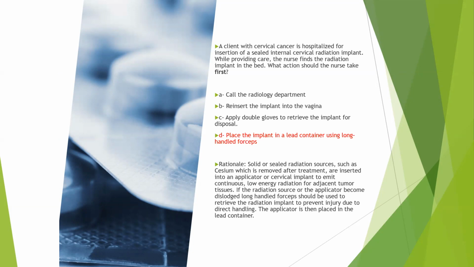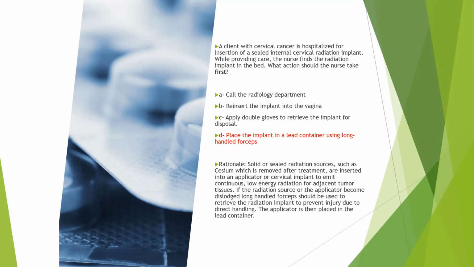Solid or sealed radiation sources, such as cesium, which is removed after treatment, are inserted into applicators or cervical implants to emit and, of course, give off continuous low energy radiation for the adjacent tumor tissues.